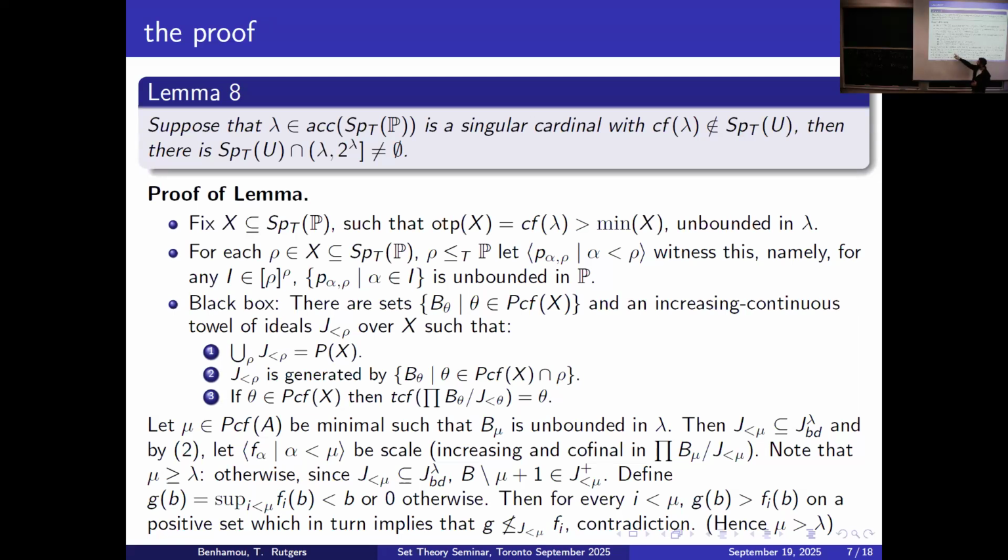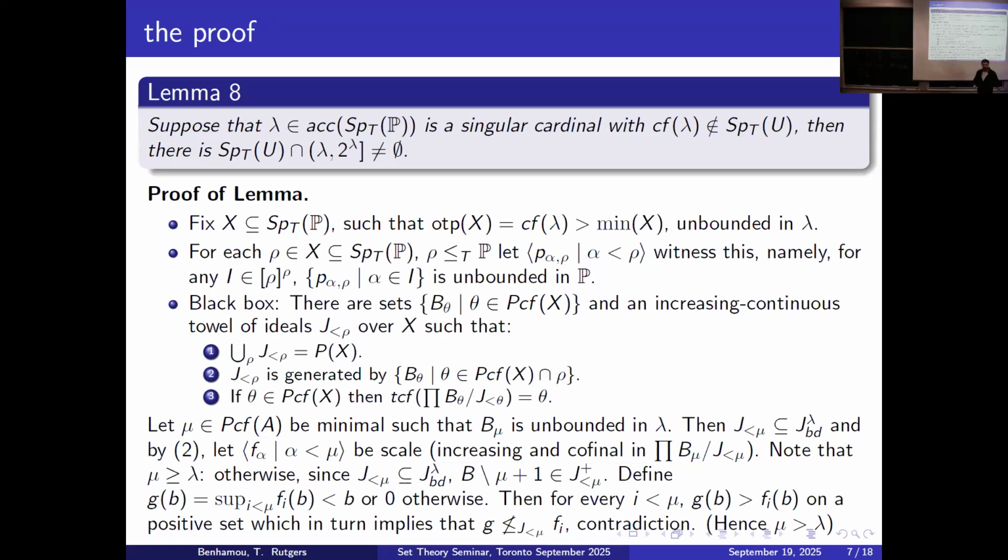first note that we already noted that this is a subset of the bounded ideal, but then also B intersection mu is something which is bounded in lambda, and then if you remove from B mu, you get something which has to be positive with respect to that, because B mu itself is unbounded.